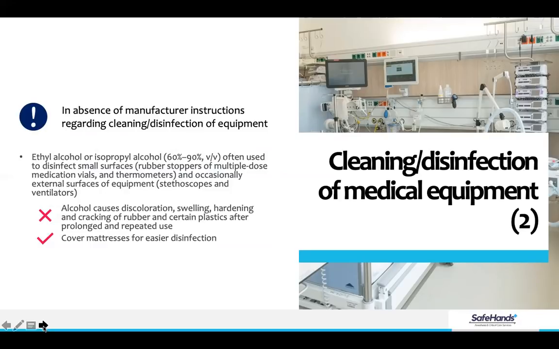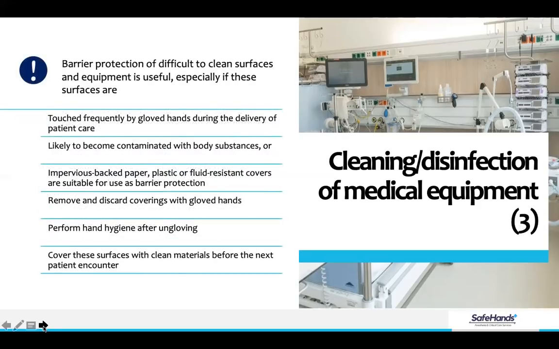Alcohol causes discoloration, swelling, hardening, and cracking of rubber and certain plastics after prolonged and repeated use. Cover the mattress for easier disinfection. Barrier protection of difficult-to-clean surfaces and equipment is useful, especially if these surfaces are touched frequently by gloved hands during the delivery of patient care and are likely to become contaminated with body substances, using impervious backer paper.